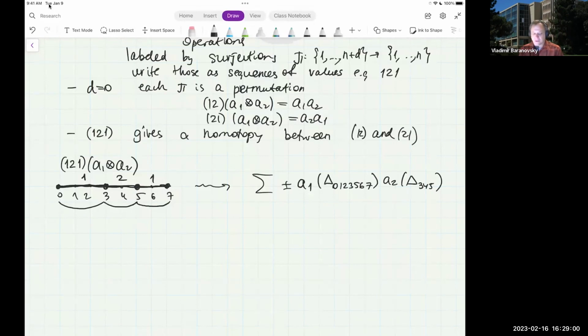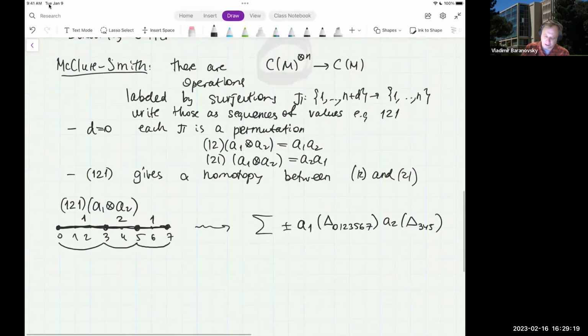And then there is summation over all possible ways to break our interval into 3 different pieces, and I will not explain the signs. But that's roughly the nature of what is going on with these cochain operations. And so every surjection will generate something like that.